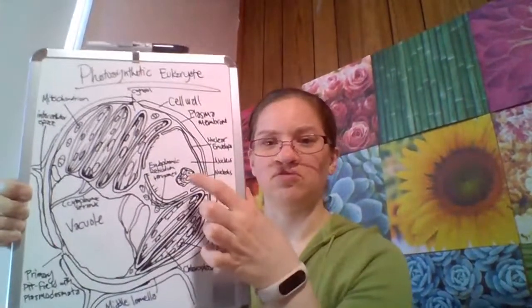So the nucleoli would be the plural for the nucleolus. So the nucleolus would be right about here, where the genetic material is stored, essentially. And that's the part of the nucleus that's most readily visible under a light microscope.